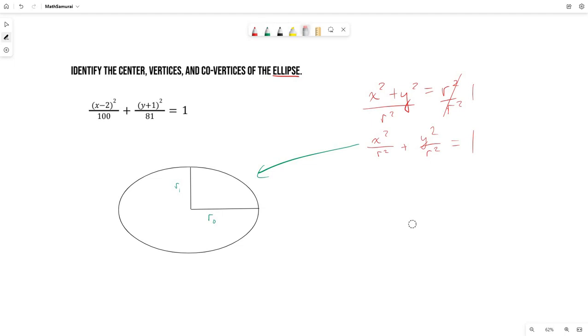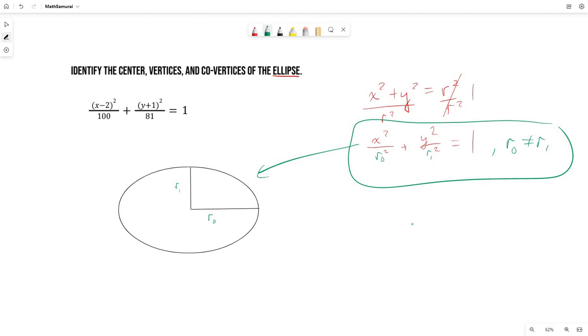Let us call these, this is just my fancy way of saying the initial radius and another radius, so R0 and R1. We're going to rename these R0 and R1. And we should be aware that R0 does not equal R1. That is what makes an ellipse an ellipse.